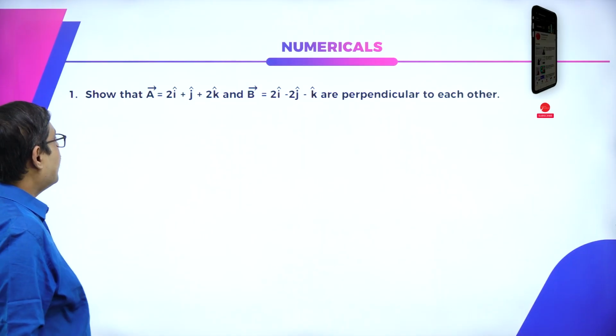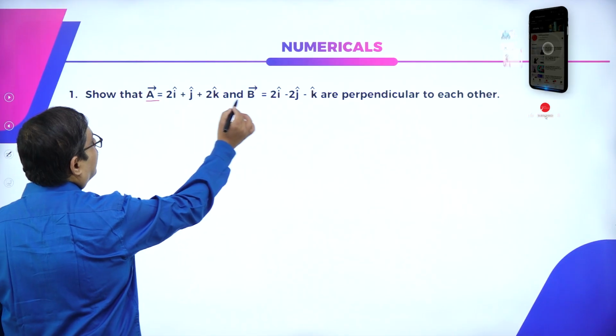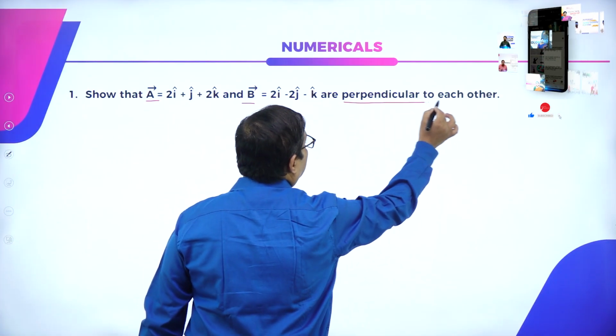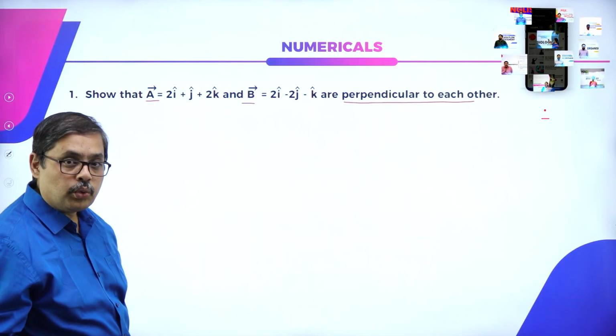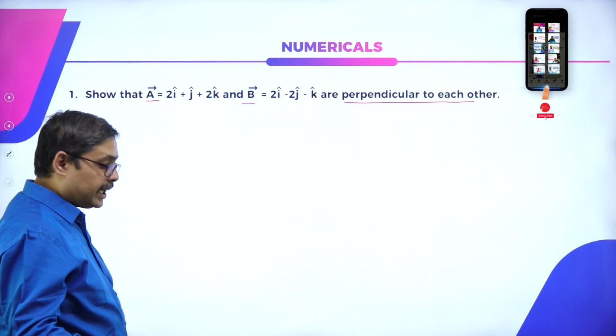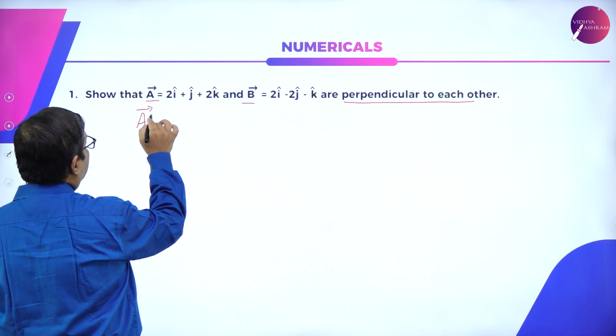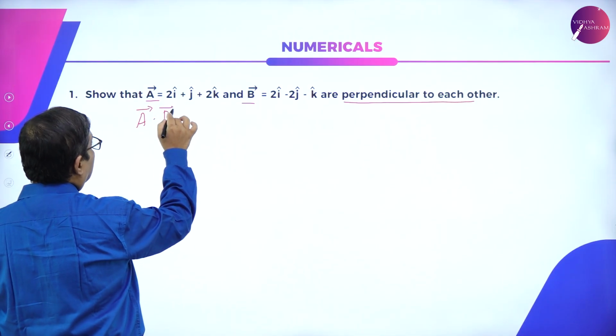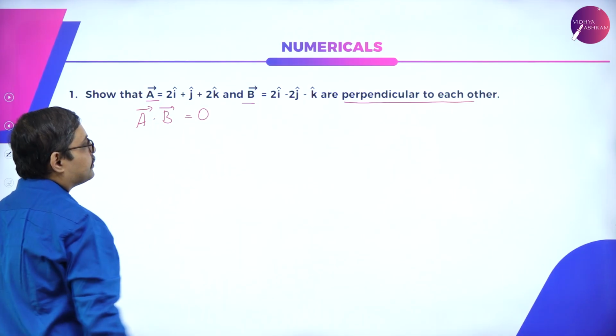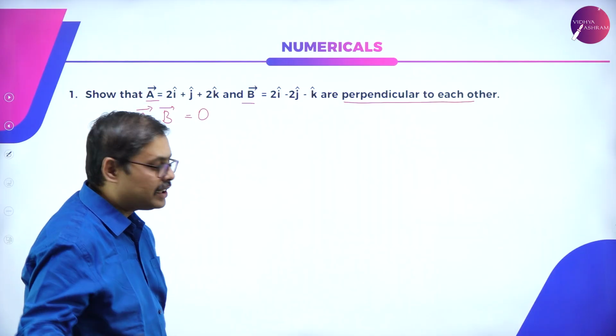Show that vector A and vector B are perpendicular to each other. How do I know that two vectors are perpendicular? I can know that two vectors are perpendicular if their dot product is 0. Okay, so let me check the dot product.